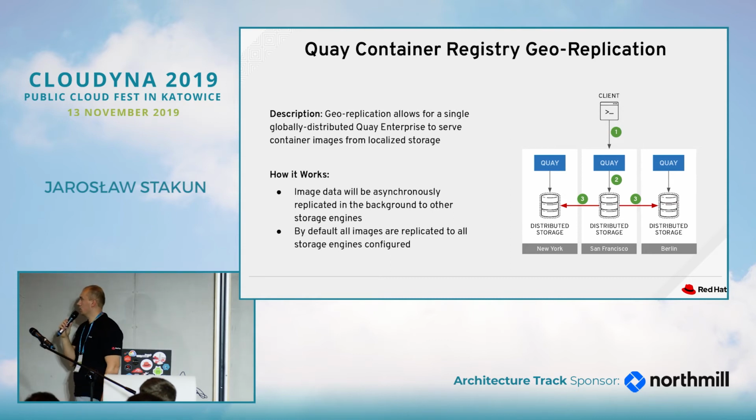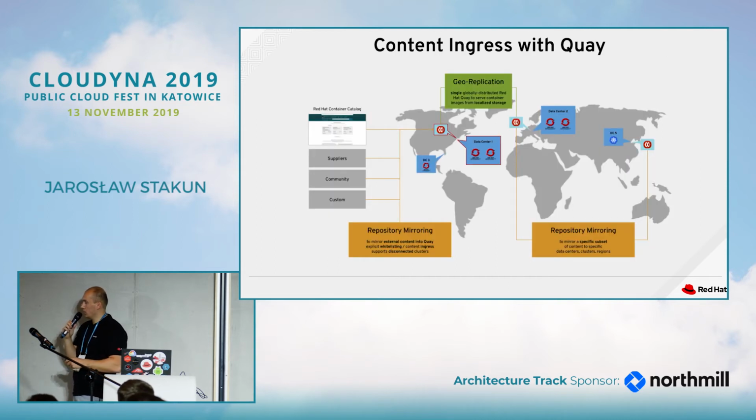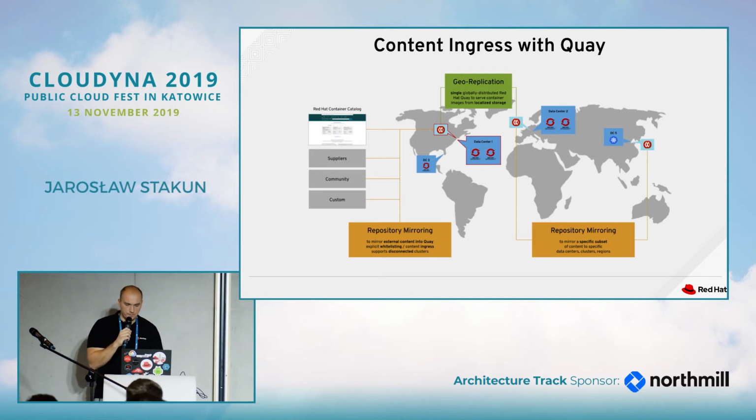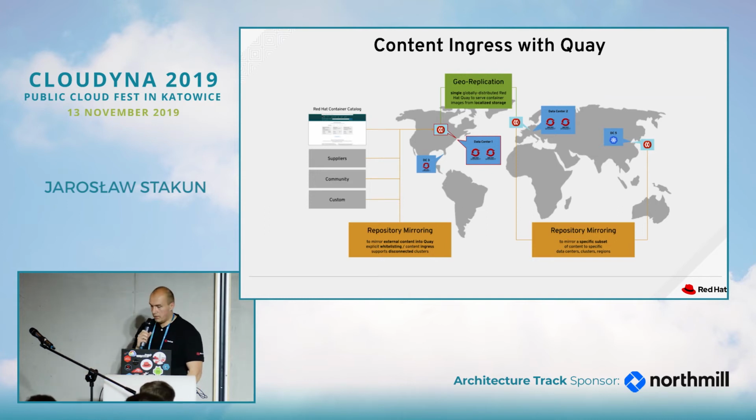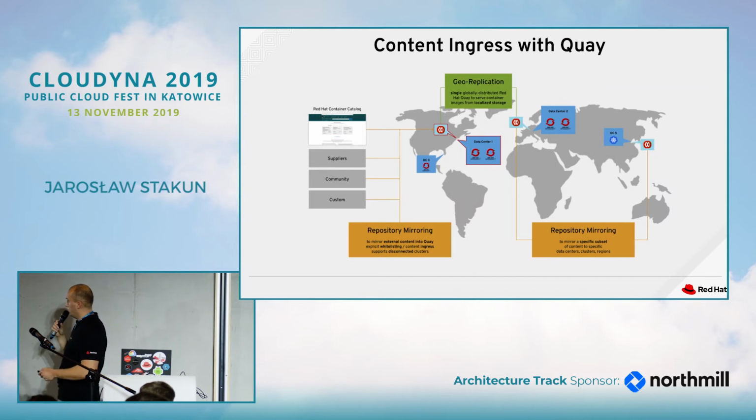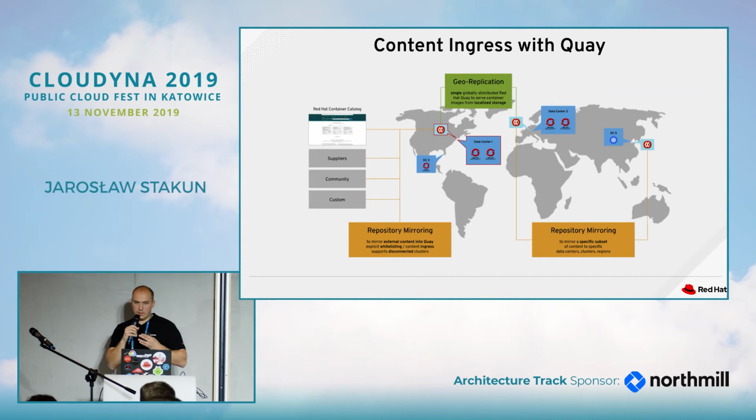geo-replicate the Docker images. So with that solution, basically we can implement the process in the way that we have just one entry point for our images. So in our pipeline, we push images to only one of the endpoints or instances of our distributed registry, and the rest is handled by the registry itself.